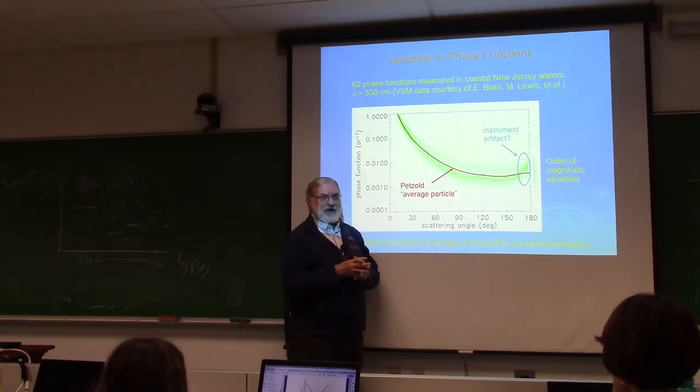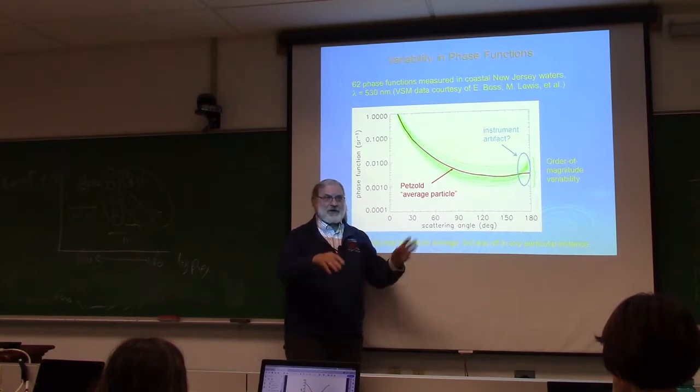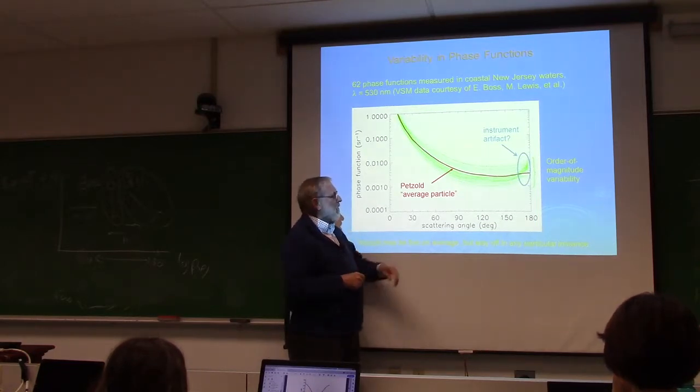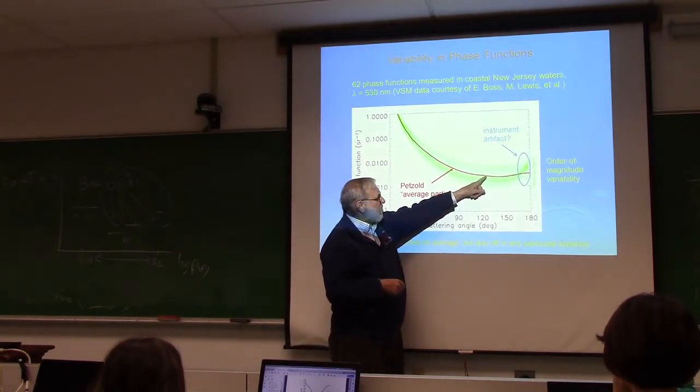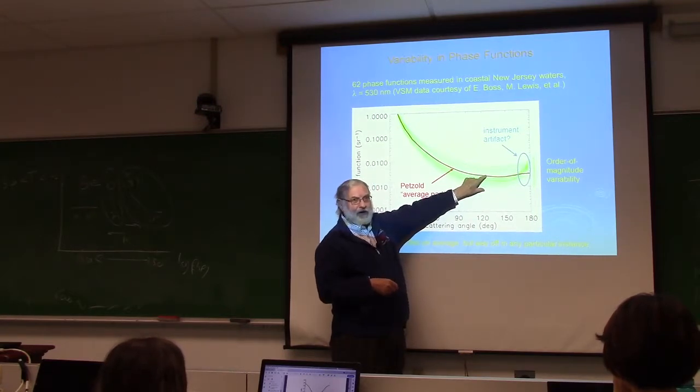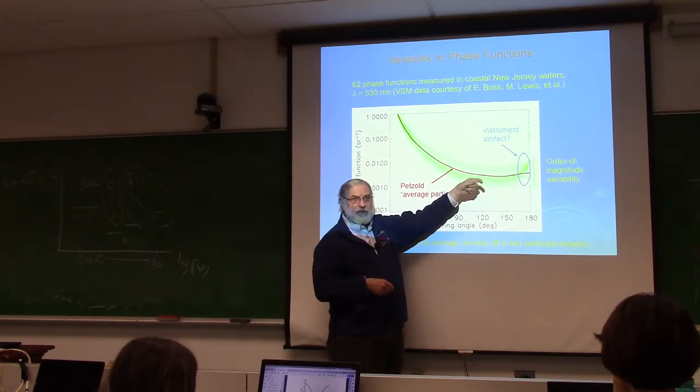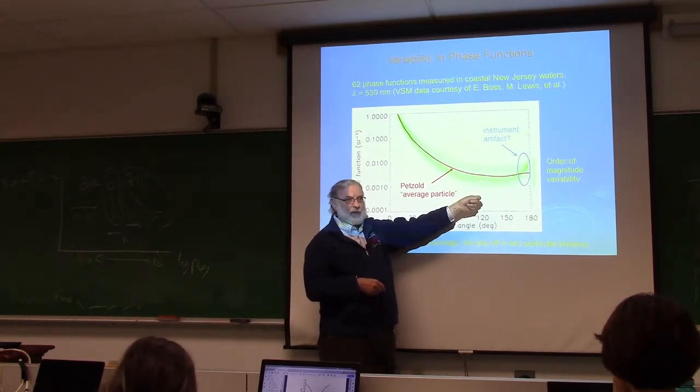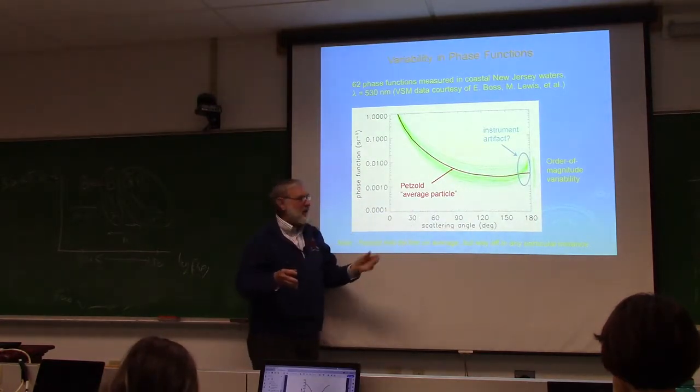You didn't measure the phase function, so you say, well, I'll just use the Petzold one. It's built into Hydrolight, I can pick it. Well, if you pick this phase function and your water was this one, or this one, your Hydrolight predictions are going to be off by a factor of 2 or 5 or something like that, just because you used the wrong phase function.